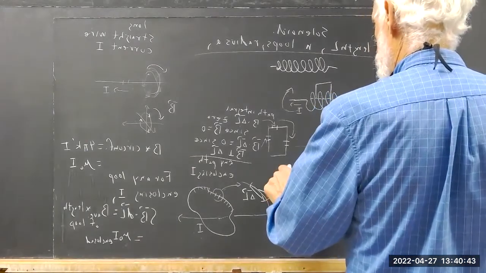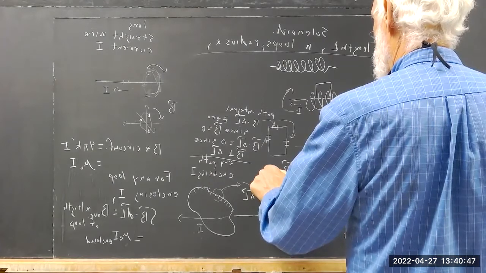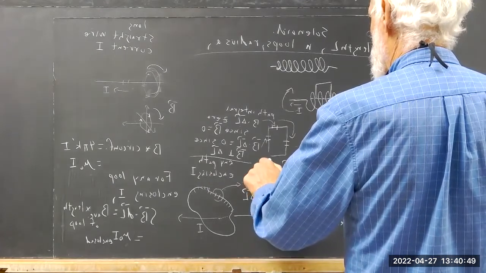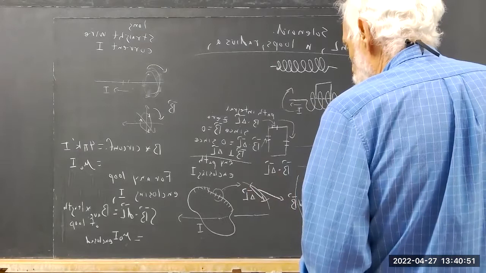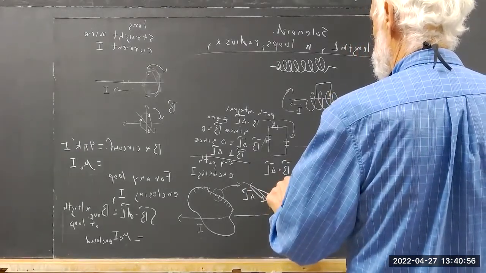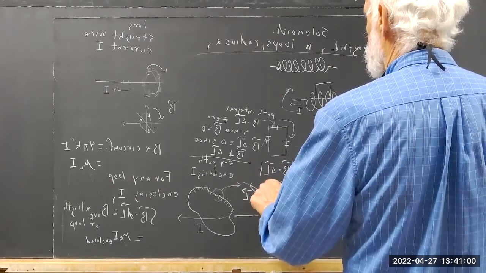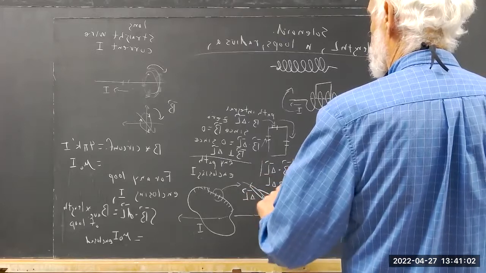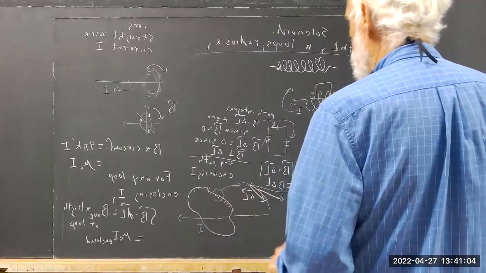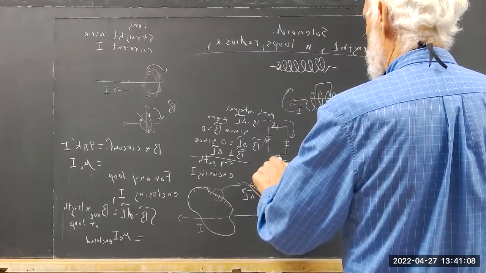And here, the magnitude of your B dot delta L is just B delta L along any segment here.